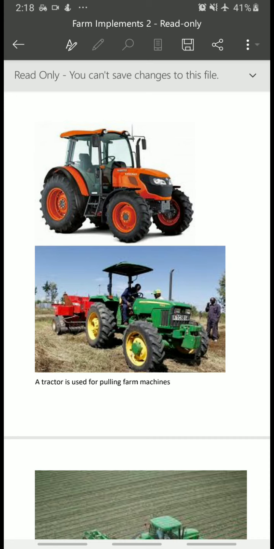Today we are still talking about farm implements. I know you can see the picture that is here. That's the picture of big farm implements. All the ones we talked about last week, we can use them on a small farm.